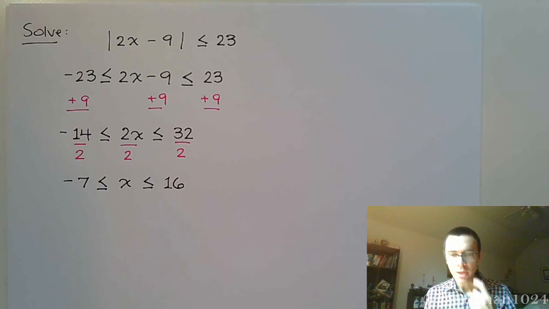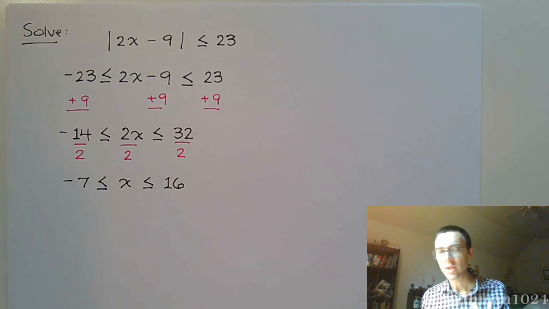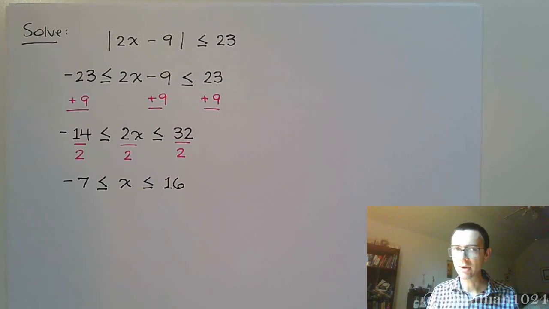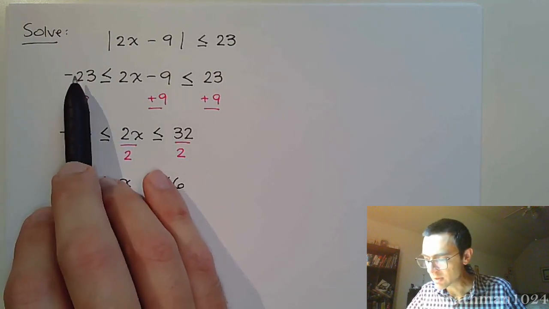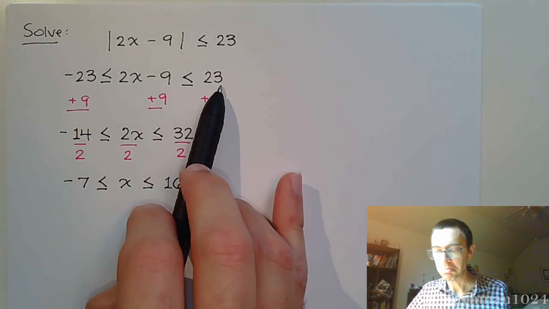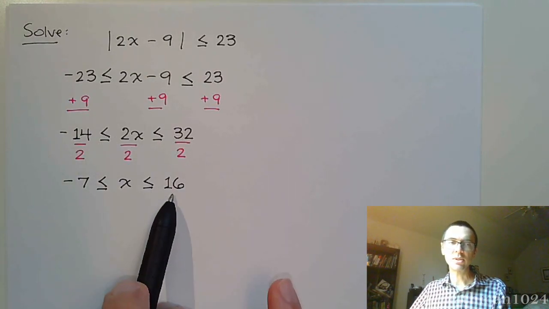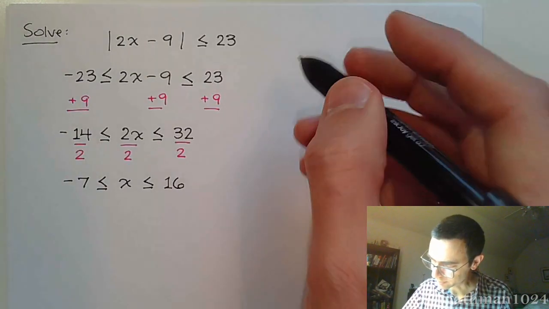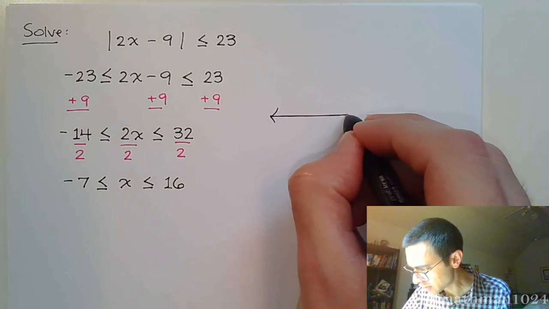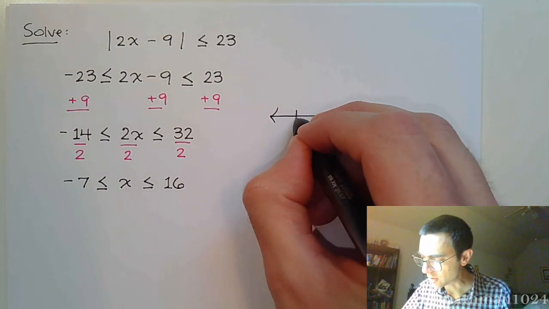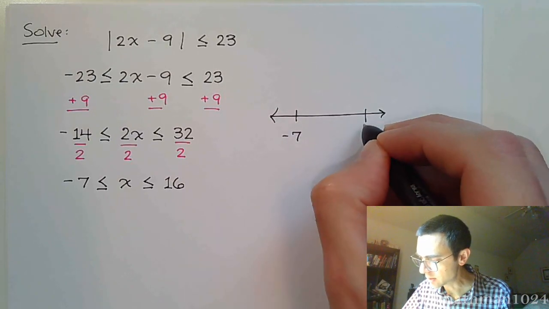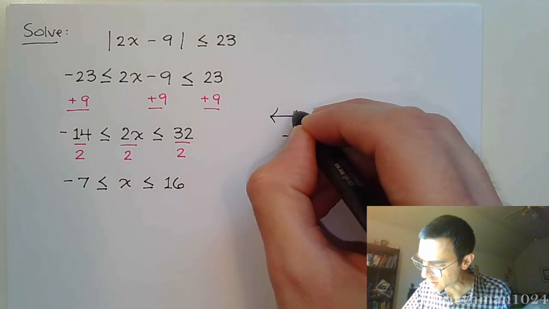Now, if we are doing this the right way, the inequality has to make sense from left to right every single step of the way. Negative 23 is less than 23, right? Negative 14 is less than 32, and negative 7 is less than 16. Think about this on the number line. You are between negative 7 and 16.